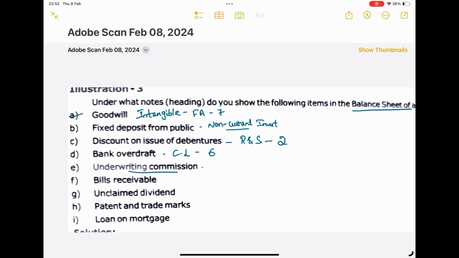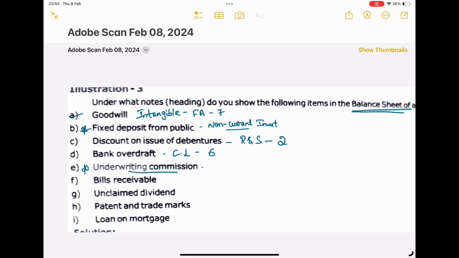In an examination, in cases like this one, fixed deposit from public, the company has not mentioned whether it is a banking company or other normal company, nothing they have mentioned. Here also paid or received, nothing they have mentioned. So in these kinds of cases you just put a note over there lastly after writing.